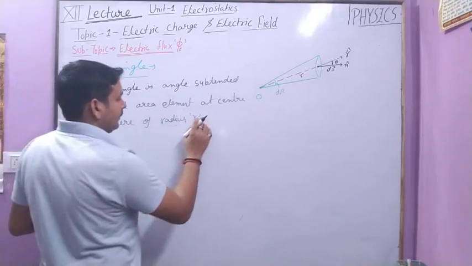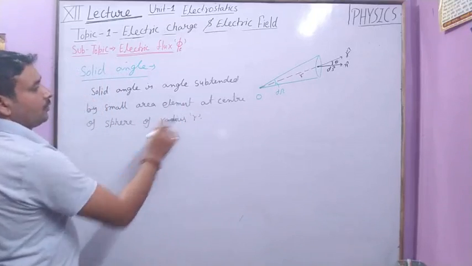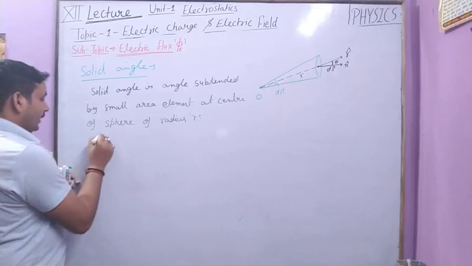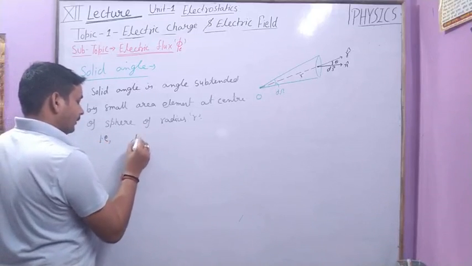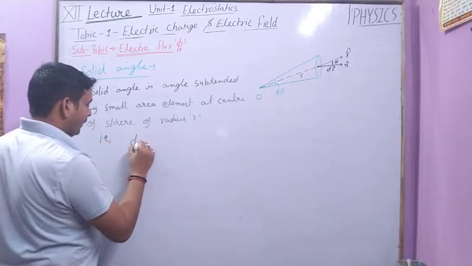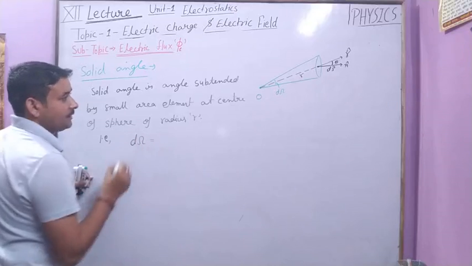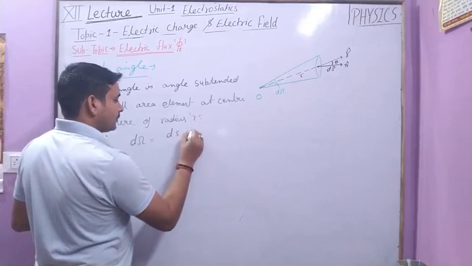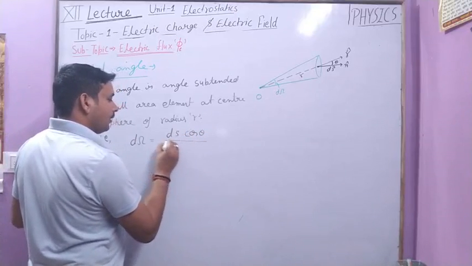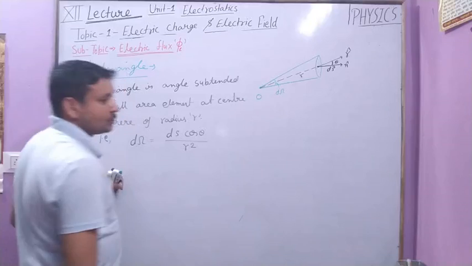That is, the solid angle is given by ds cos theta upon r square.